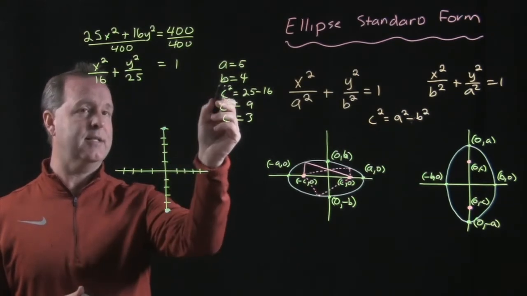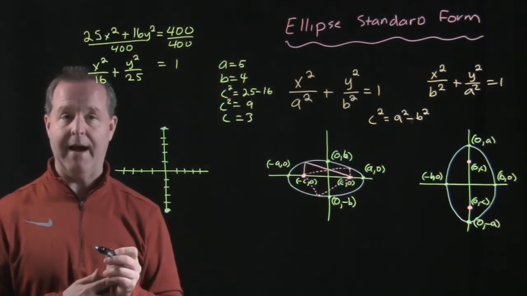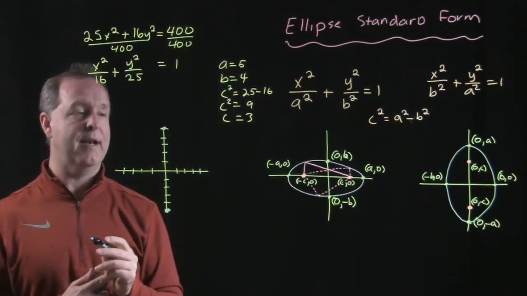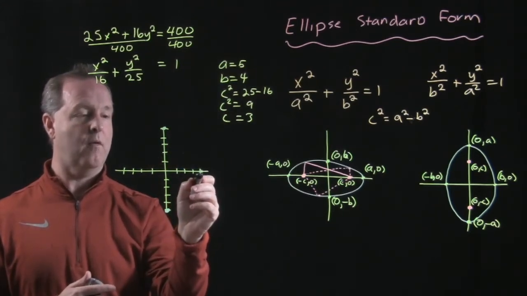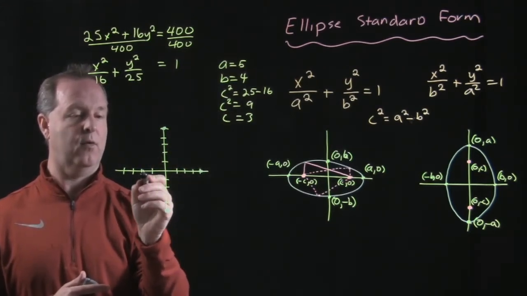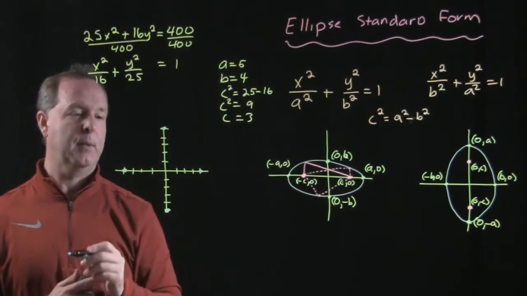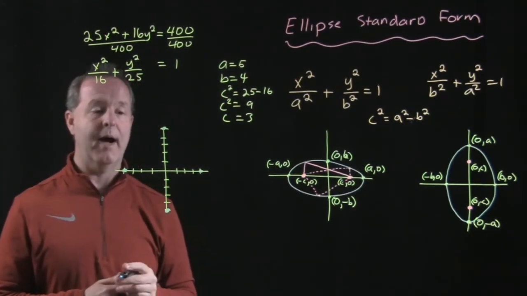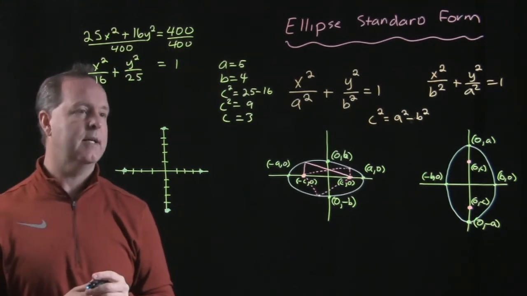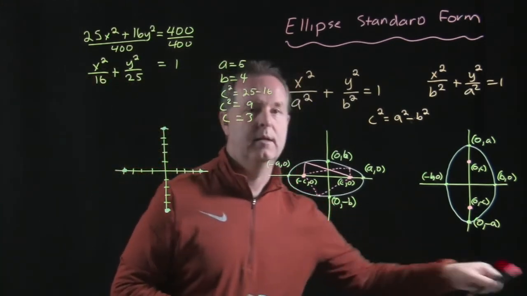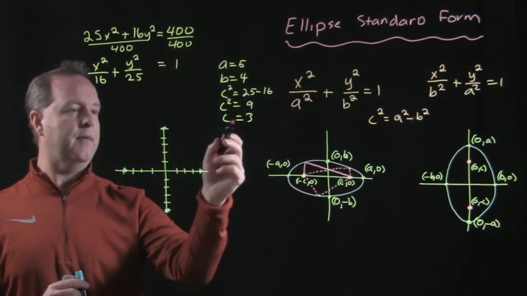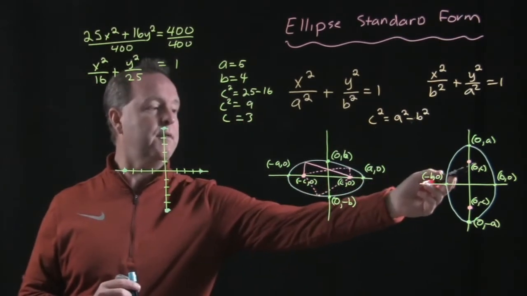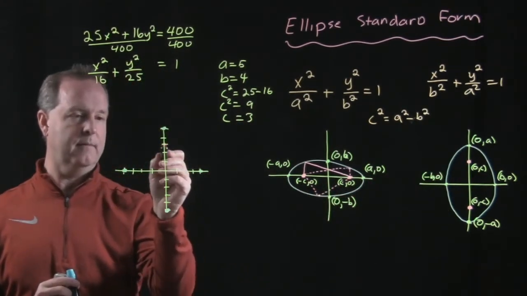On the minor axis, which is identified by my lower value, my B, which is 4, so over 4 and 0, and backwards -4 and 0. So there are my endpoints on my minor axis, and then my foci are at the points at 3, so it'd be 0 and 3 and 0 and -3.